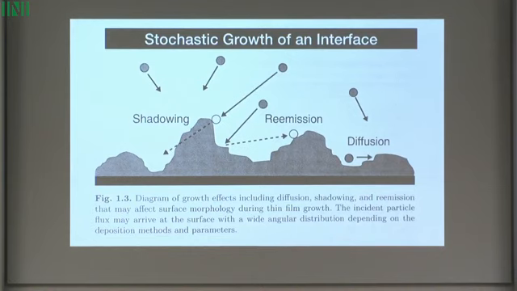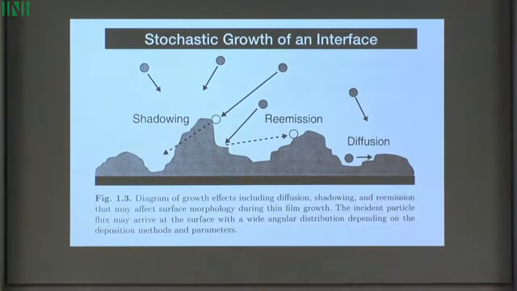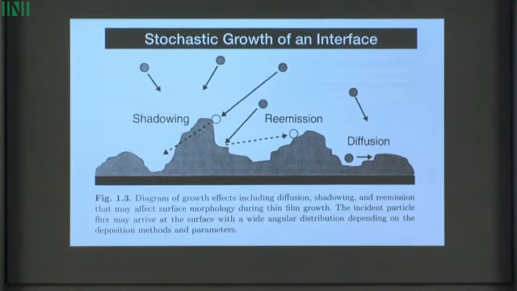This diagram is a figure I took out of an experimental book, and it's talking about the process of a growing interface. What this slide illustrates is there are many processes going on in typical surface growth. And so to model something that takes into all these considerations is pretty hard.